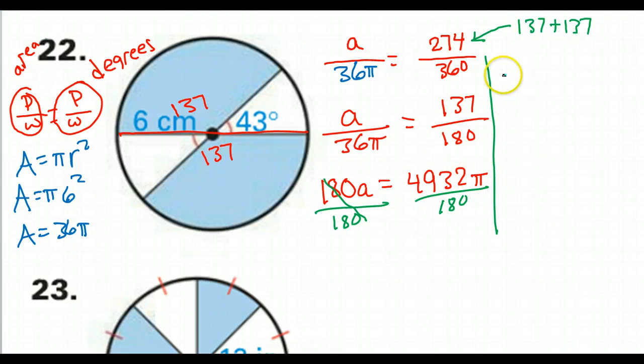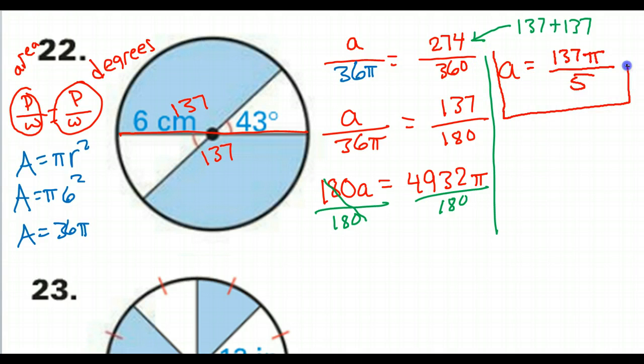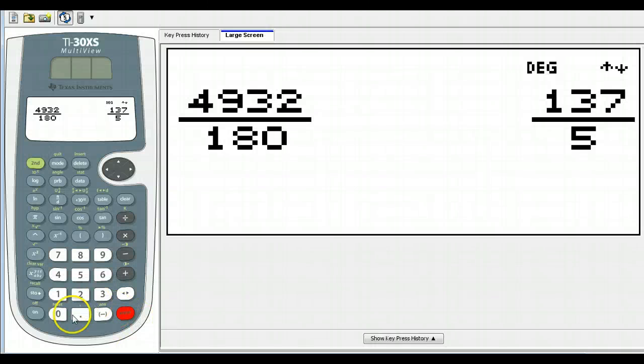Okay, so an exact answer would be 137 over 5. Now, I just reduced the numerical part, but the pi is still there in the numerator. So this would be an exact answer for the area. I should include those units. That's square centimeters. But of course, I can turn this into a decimal very easily. I would need the pi back in there.